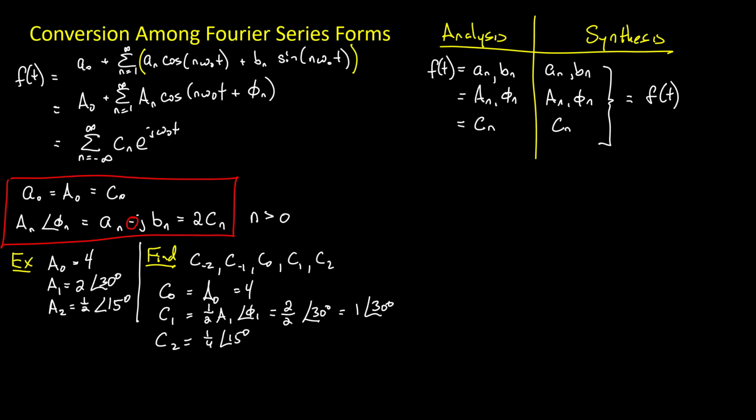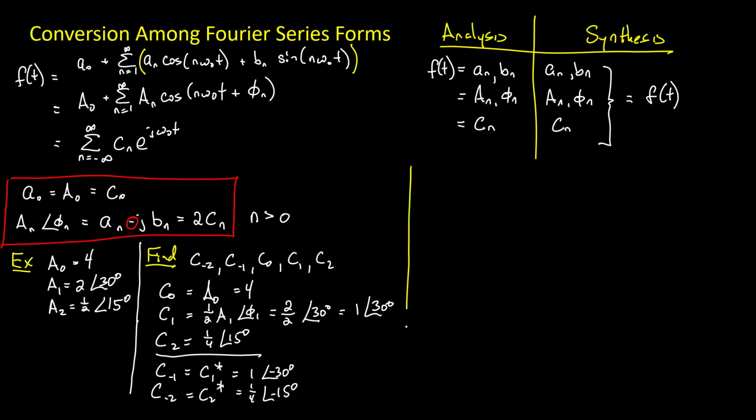And now using what I described earlier, that gives us c sub negative 1, which you know is going to be equal to c sub 1 complex conjugate, which is therefore 1 at an angle of minus 30 degrees. Same thing as c sub 1, but with an opposite angle. And c sub negative 2 will be 1/4 at an angle of minus 15 degrees. And that's your answer.